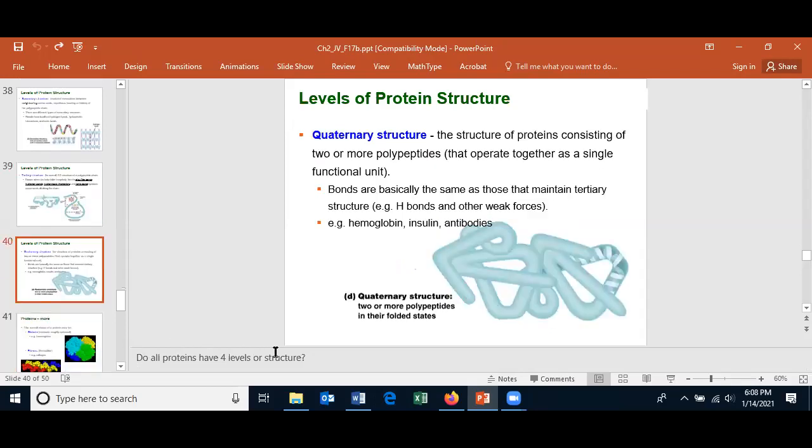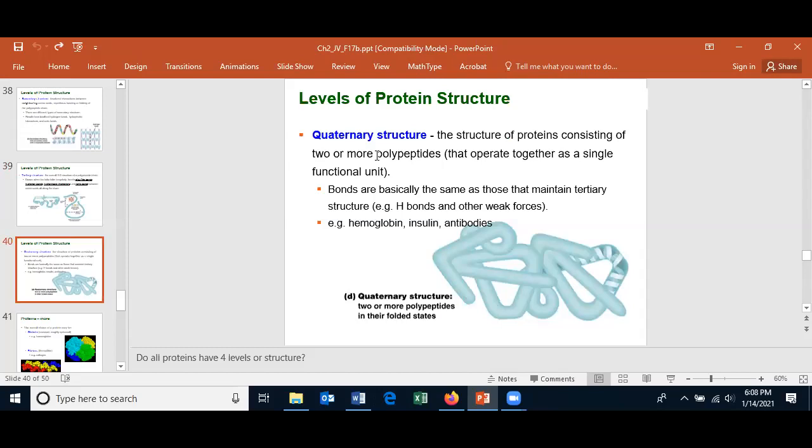If the protein has more than one protein subunit to the protein, then we can have a quaternary structure in that protein. And some proteins have a quaternary structure and other proteins do not. They only go up to a tertiary structure.